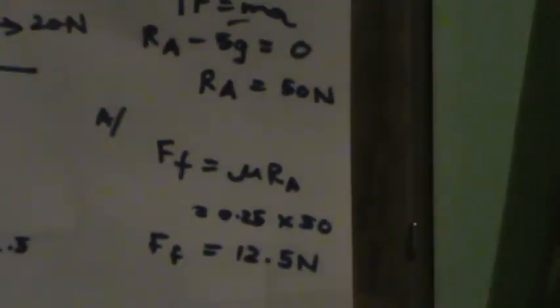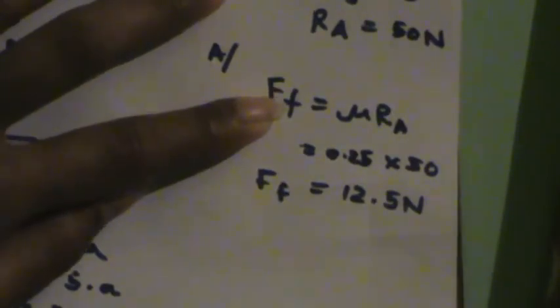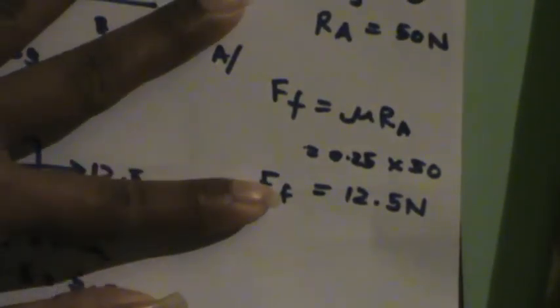But as I mentioned in the previous videos, there is a maximum value that frictional force can take. At that moment, Ff is equal to mu R. So there is a maximum frictional force that A can get.